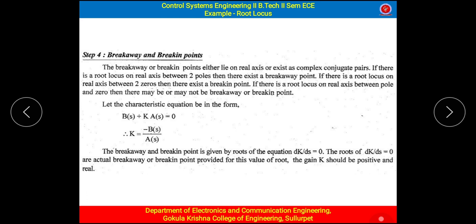After writing the right expression for k, we differentiate it with respect to s and make it equal to 0, then calculate the value of s for which k is real and positive.